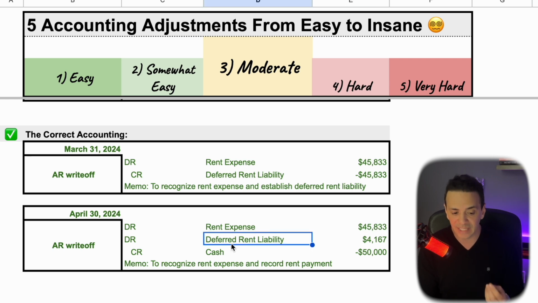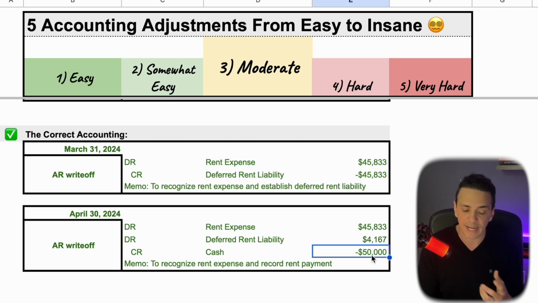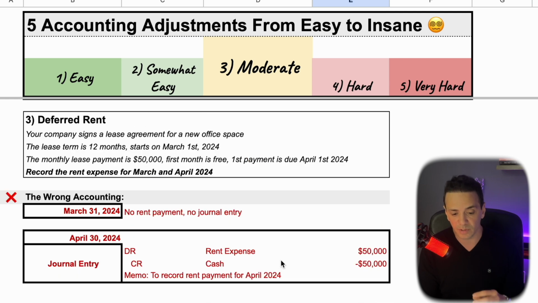And then you will debit the liability to reduce it. So you're reducing the liability each month to phase out the liability off of your books, $4,000, and credit cash, obviously, because you're paying rent in cash in that month of April. So that would be the right way to deal with this example of free rent or rent holiday, as they call it, in the first month of the lease.